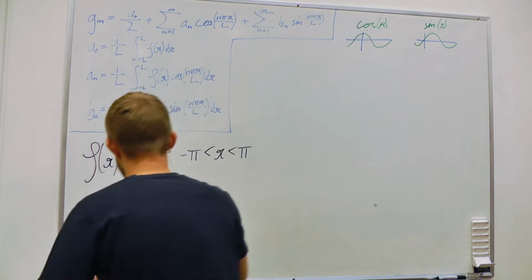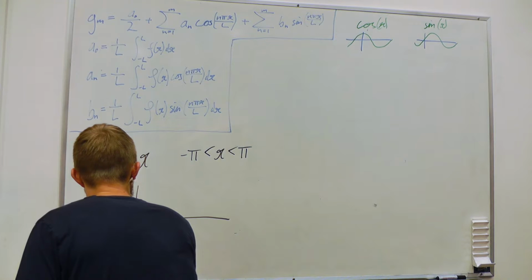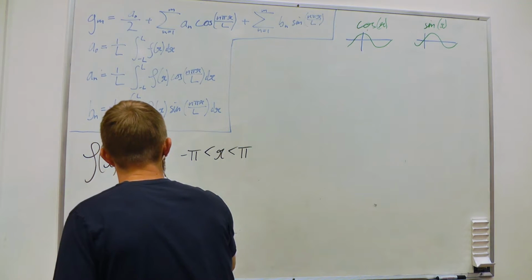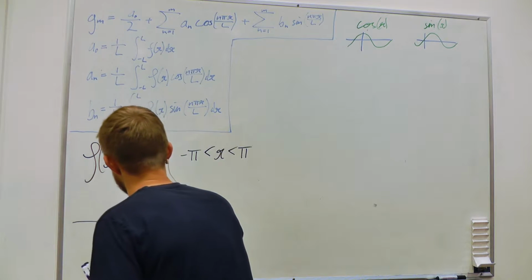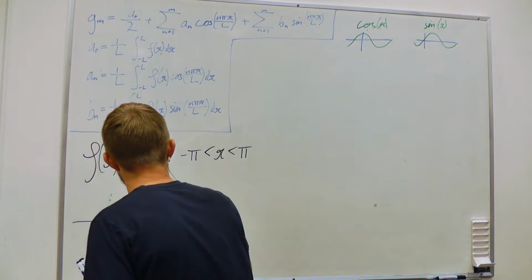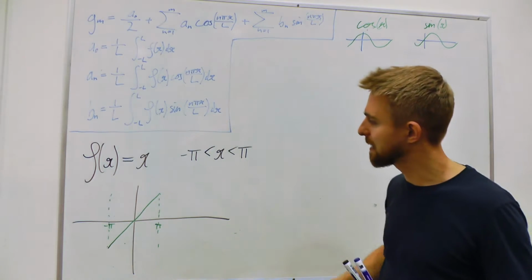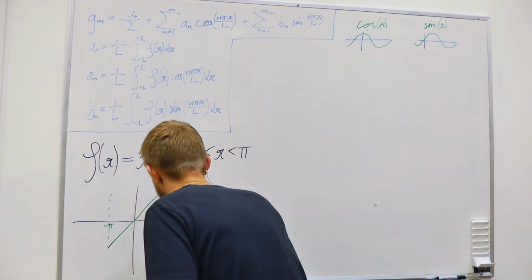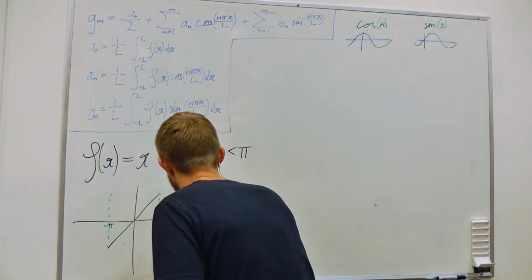So we'll get our function. It's going to be a diagonal line and then it's going to come down again. So here's our basis, minus pi to pi. Okay, but outside of that domain, it's just going to do exactly the same thing again.